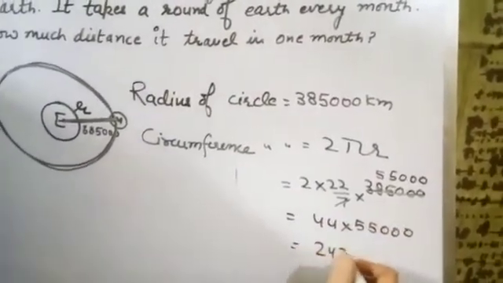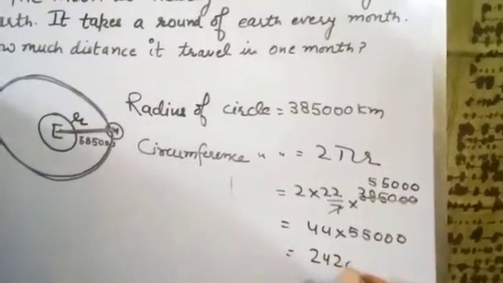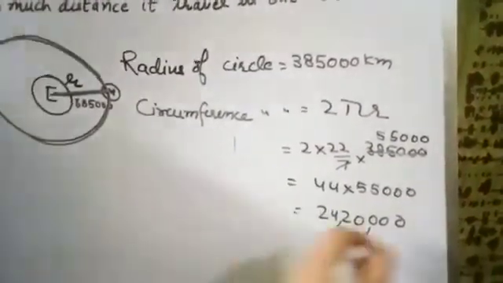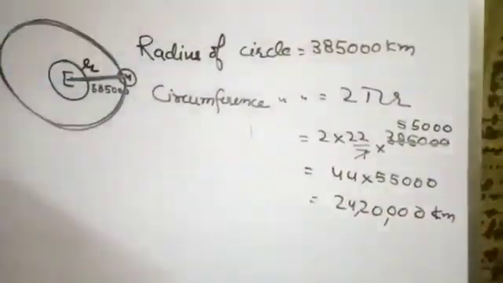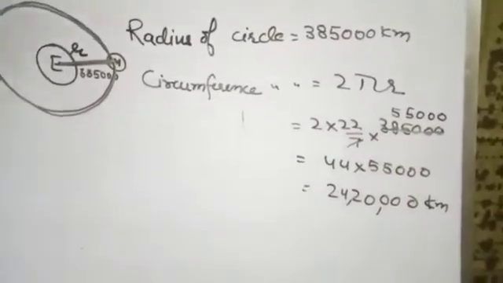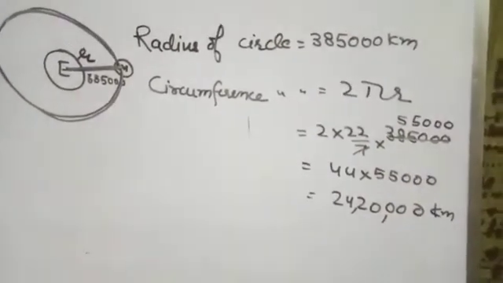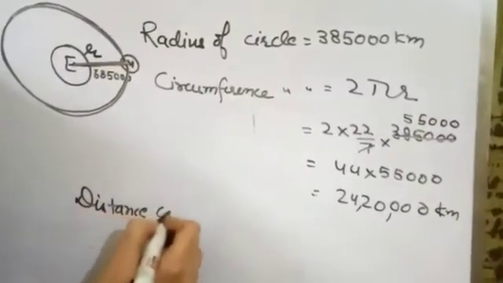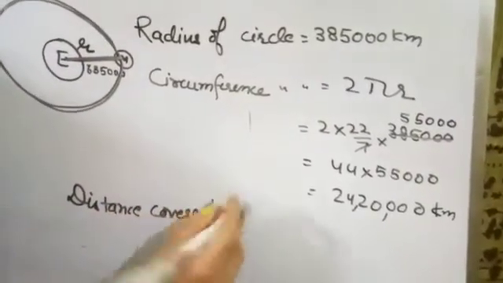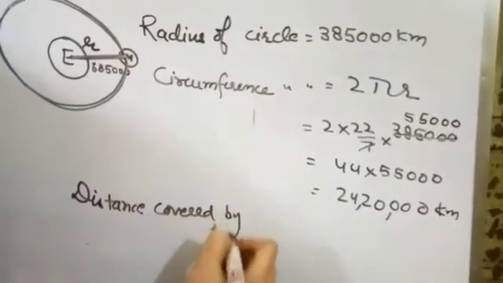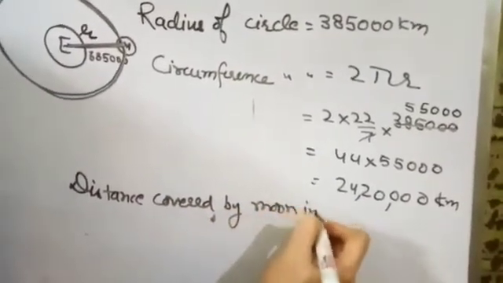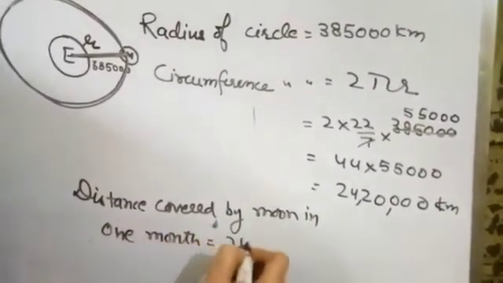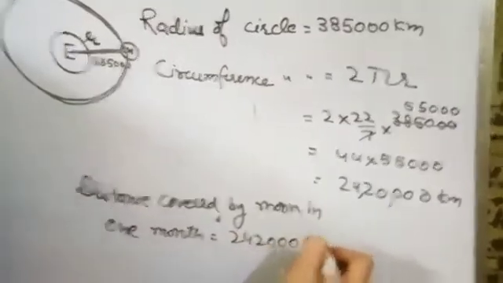It's 24,20,000 kilometer, which is the distance covered by the moon in one round of earth. We are going to mention the distance covered by moon in 1 month. Kilometer.